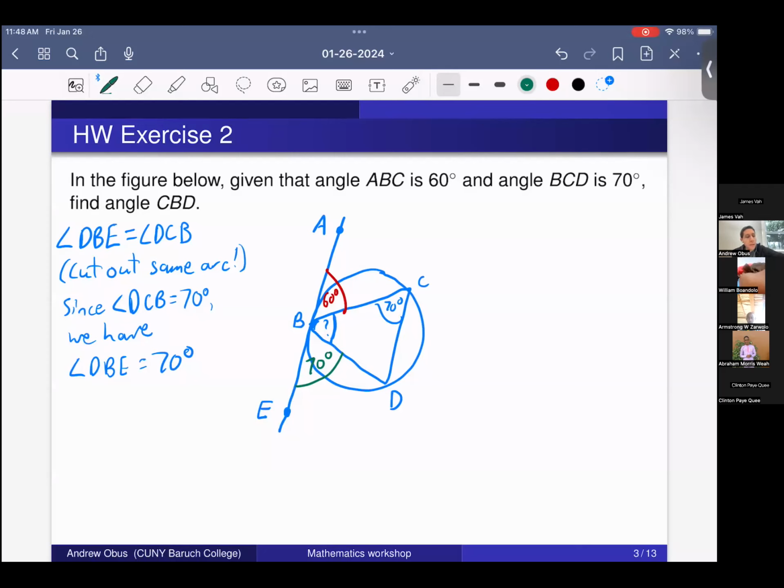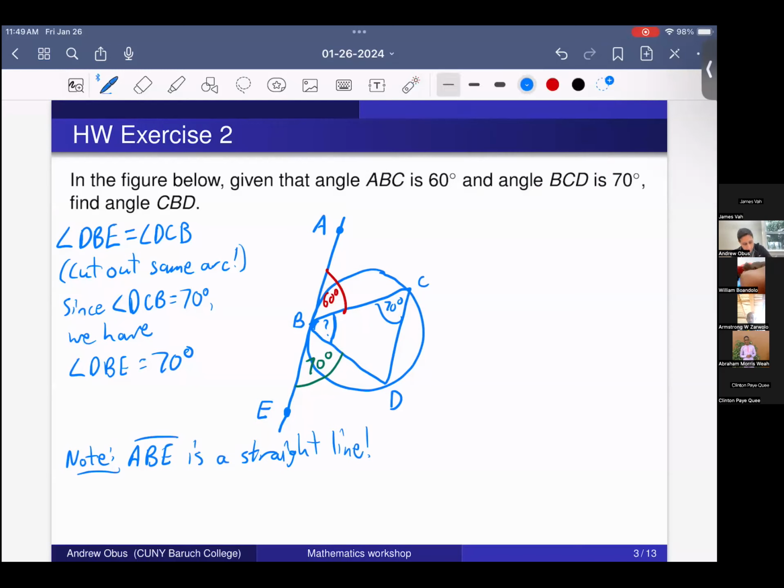Okay, so once we find angle DBC, we can use the straight line angle properties because we have three angles here on a straight line. Angle ABC and our unknown angle CBD and angle DBE. These three angles fall on a straight line, so we add the three of them and equal to 180. Right, exactly.